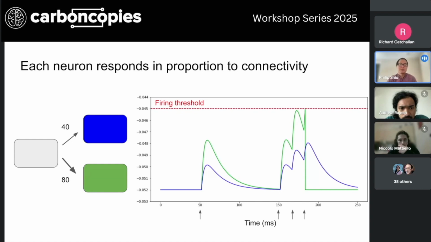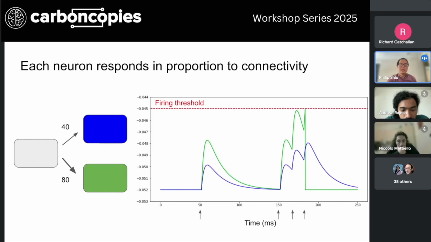Furthermore, our model supposes that each neuron responds in proportion to the connectivity from the connectome. So we know the connectivity strengths from each neuron to another in the connectome.